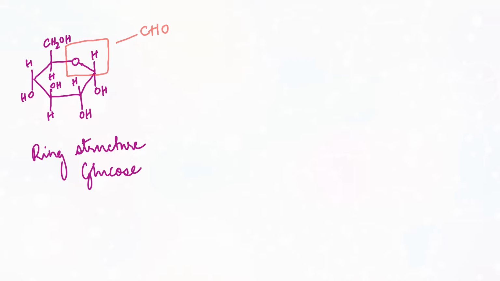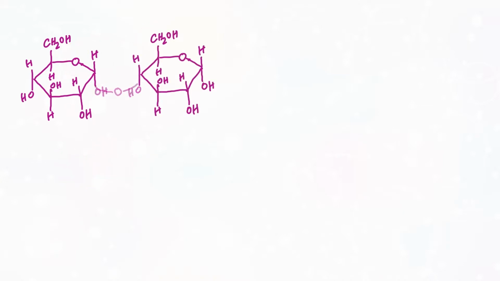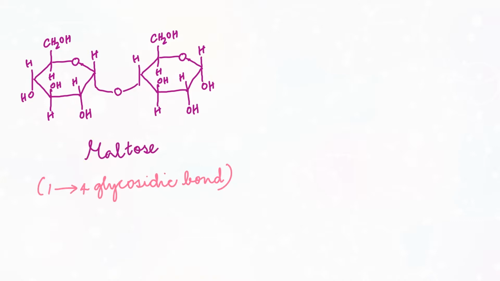Now this molecule binds with another glucose molecule, forming a 1,4 glycosidic bond, which means the C1 carbon is now bonded with the C4 carbon of the other glucose molecule.